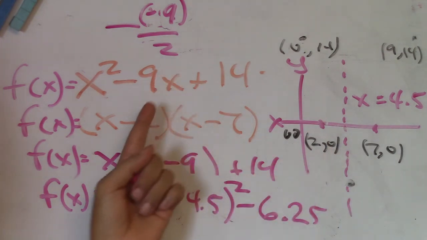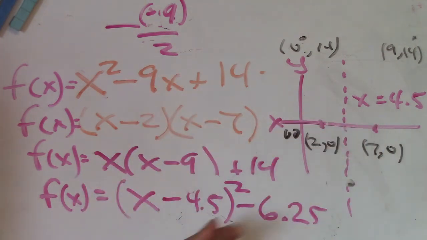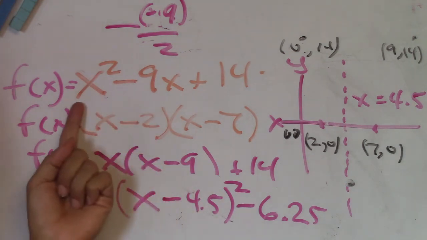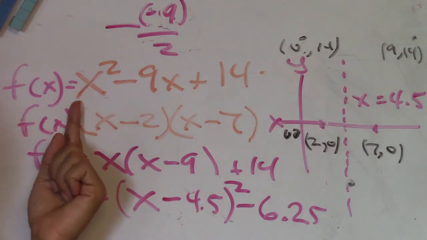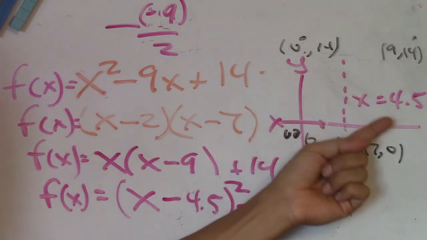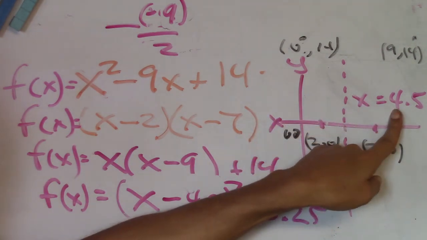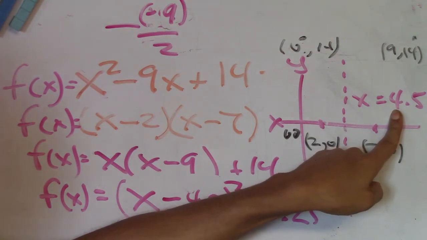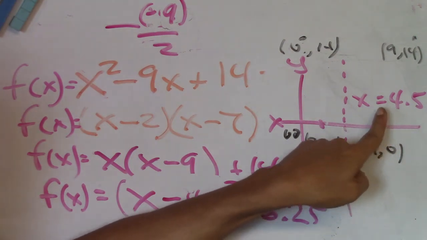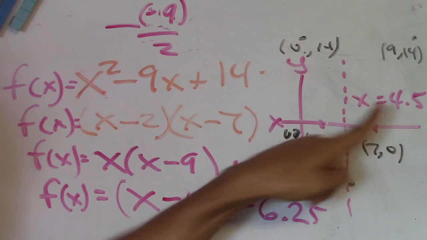So once I know the 4.5, even if you can't give me vertex form later on, because it's got more than 1x squared or something like that, you can still just plug in 4.5, because when I know x, I know y.